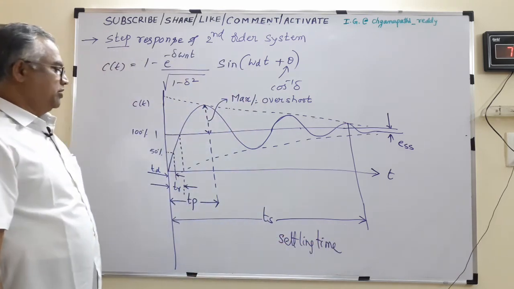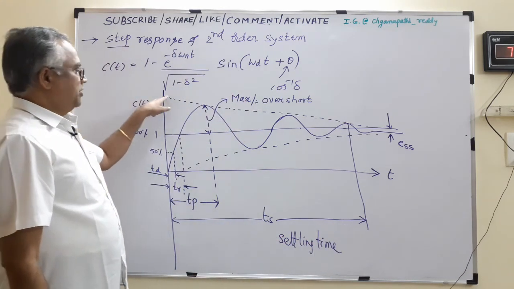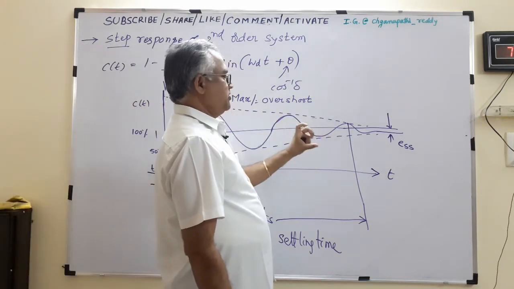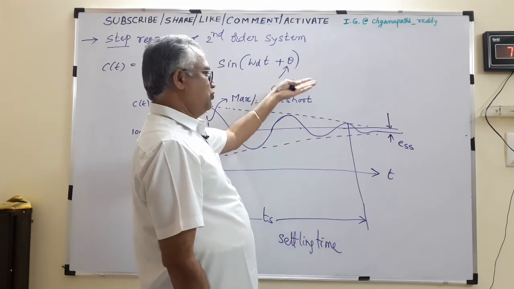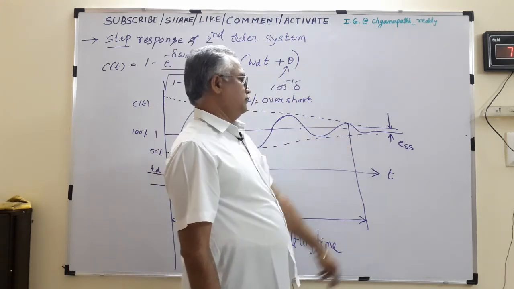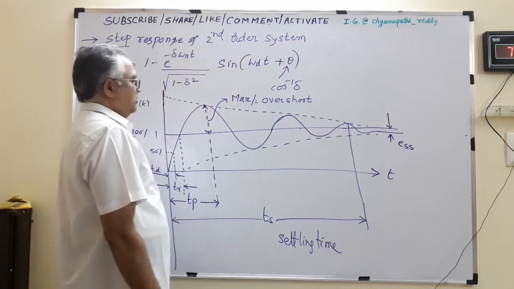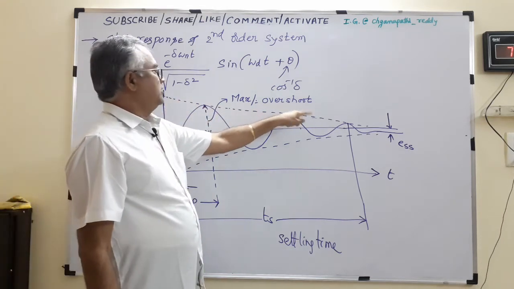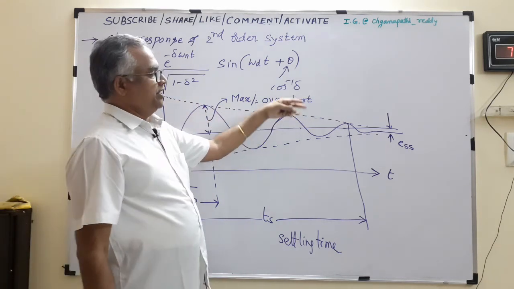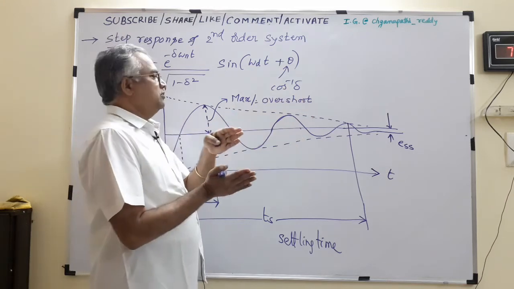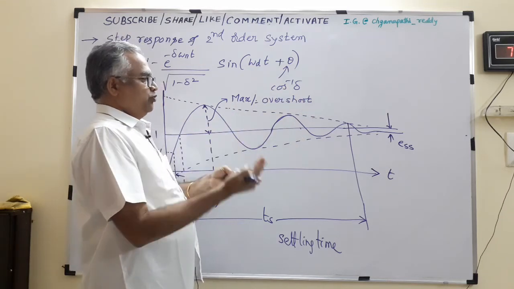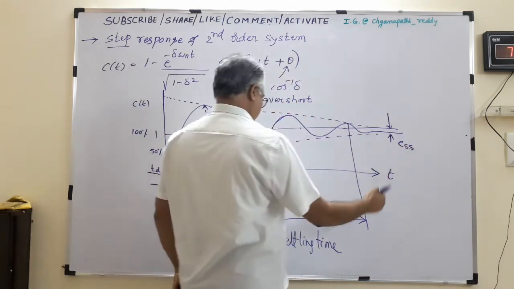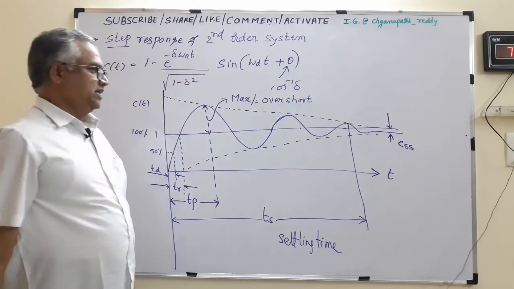So the time taken for these peaks to decrease and stay within 5% or 2% above or below the final value is called the settling time.